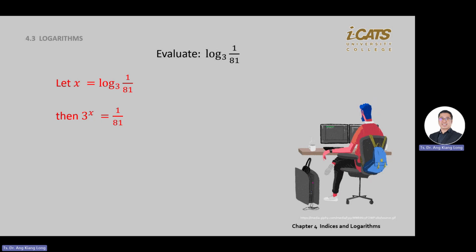So 3 power x equal to 1 over 81. So we always like to remove the reciprocal sign into positive number. So you will get 3 power negative 4. If you're fast, you don't need to show me 1 over 3 power 4. You can straight away write 3 power negative 4. So x equal minus 4.